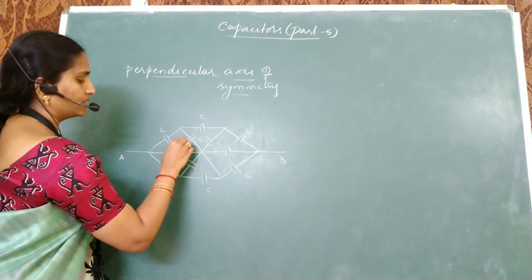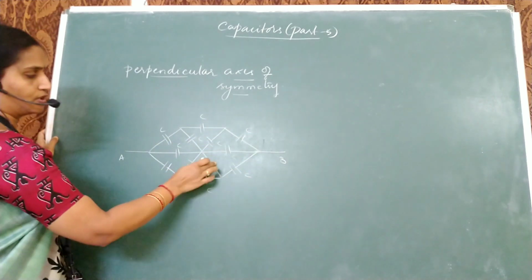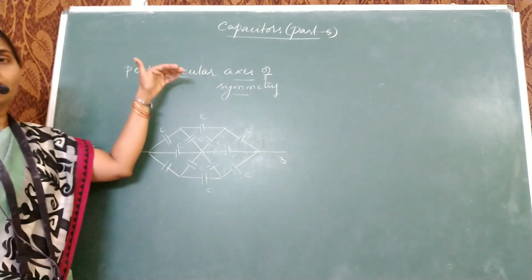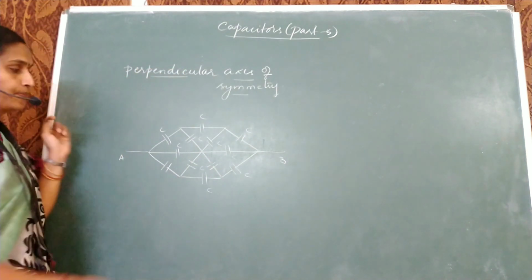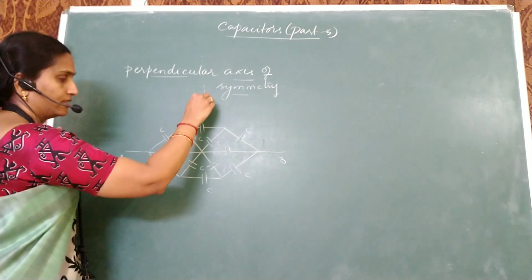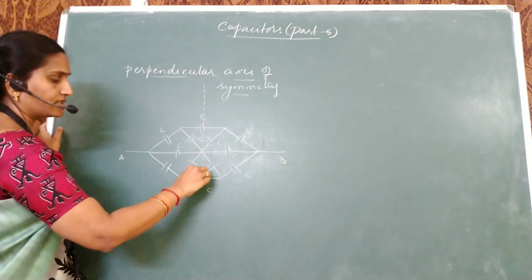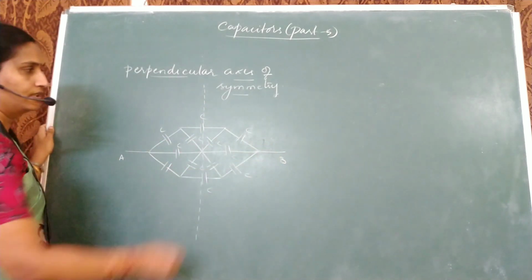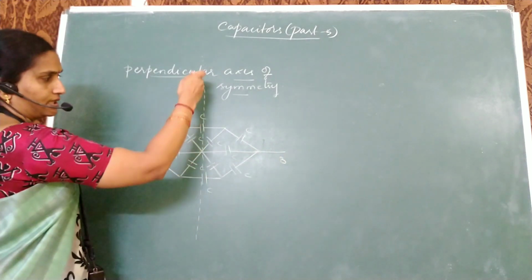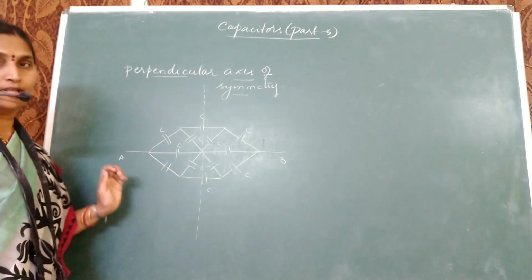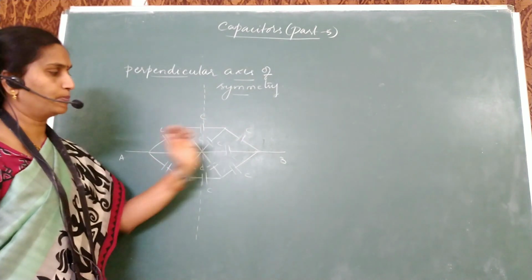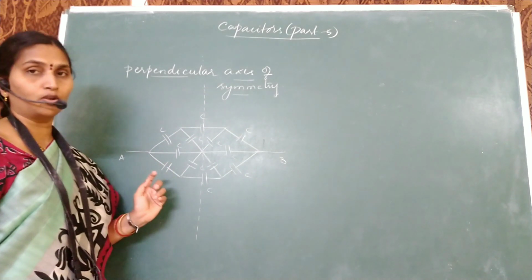Since we need to find out the equivalent capacitance of this circuit, we will check for perpendicular axis of symmetry. That means draw a line dividing the circuit into two parts, perpendicular to AB. This is called the mirror axis of symmetry, because we have to check whether the left part and the right part are mirror images or not.